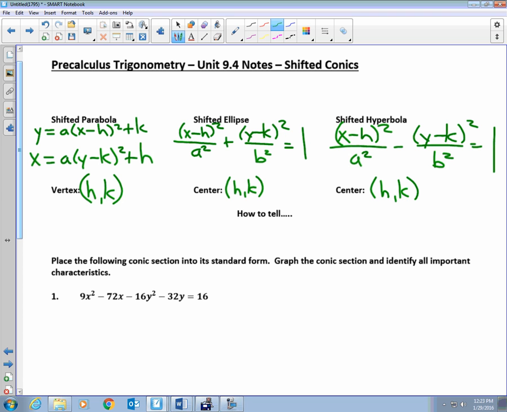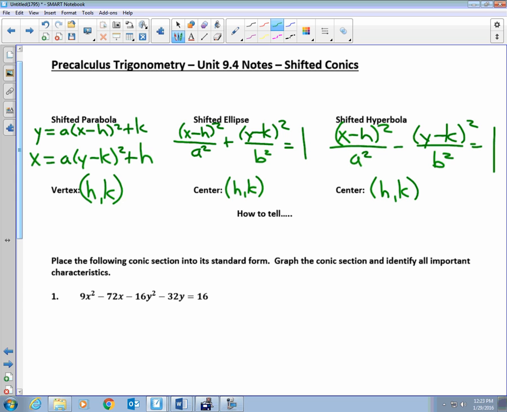So let's determine one from the other. What makes the parabolas different from the other two? Tell me something about it. Logan? Okay, they're solving for x or y. What else?